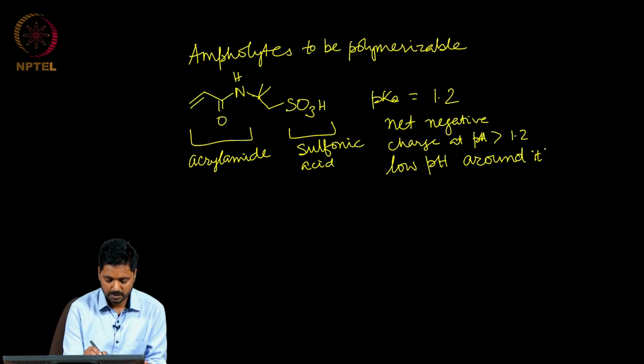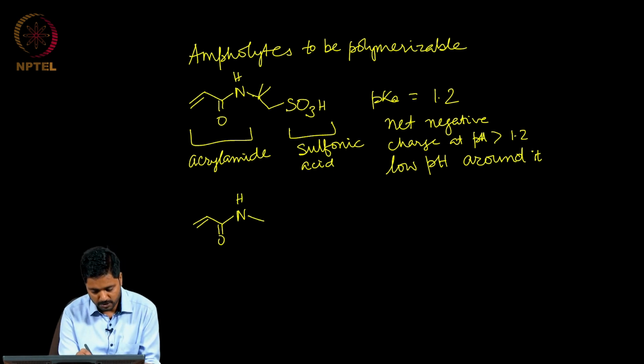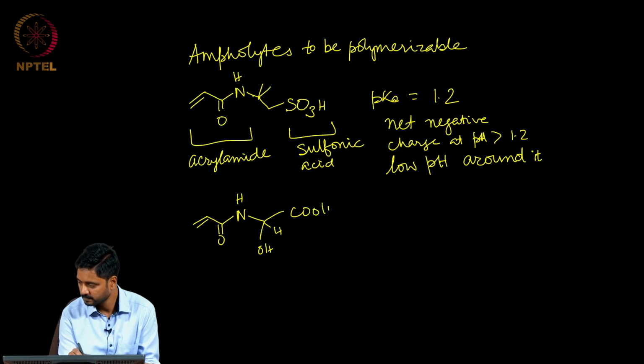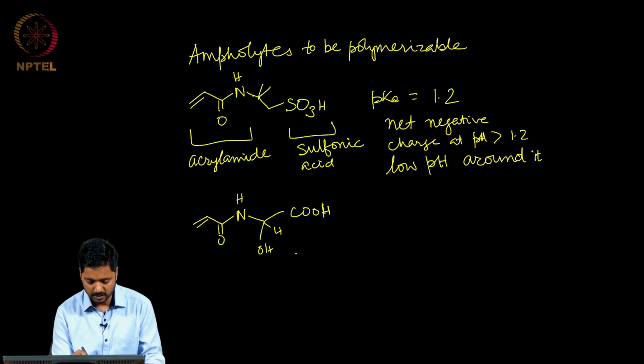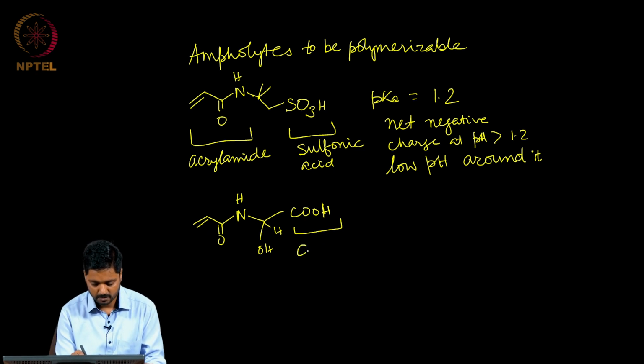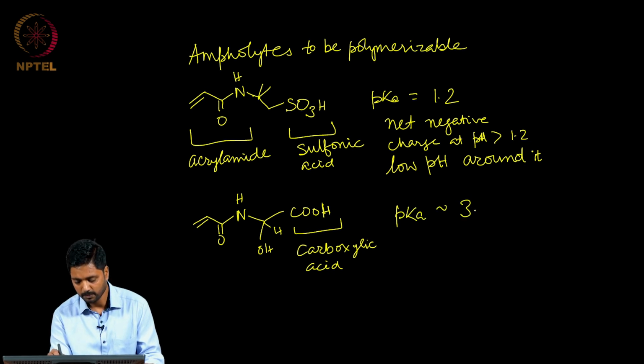Similarly, we can use a variety of carboxylic acid molecules. For example, a simple structure is this molecule, where the carboxylic acid part is now utilized as the ionizable residue, and this results in a pK value of about 3.1.